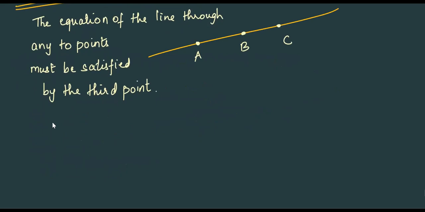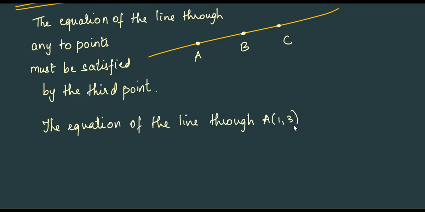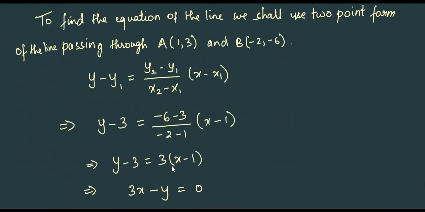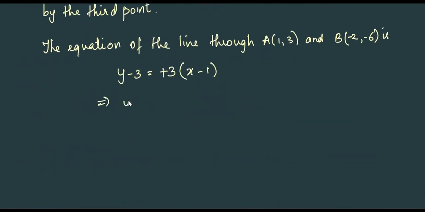So the equation of the line through A (1, 3) and B (minus 2, minus 6) is y minus 3, that is y minus y1, is equal to (y2 minus y1) by (x2 minus x1), which gives 3, the slope, into (x minus 1). I'm not repeating this step. So we have y minus 3 is 3x minus 3, which implies y is equal to 3x.